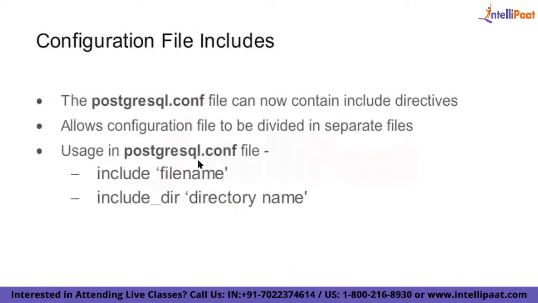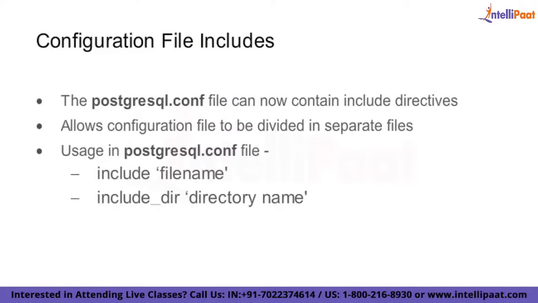So in PostgreSQL you have all the parameters, right? But you can redirect your configuration file. In the postgresql.conf you can put include and you can put some other directory and some other file, okay. So it will direct to that file. You can put the directory here and the file name here.